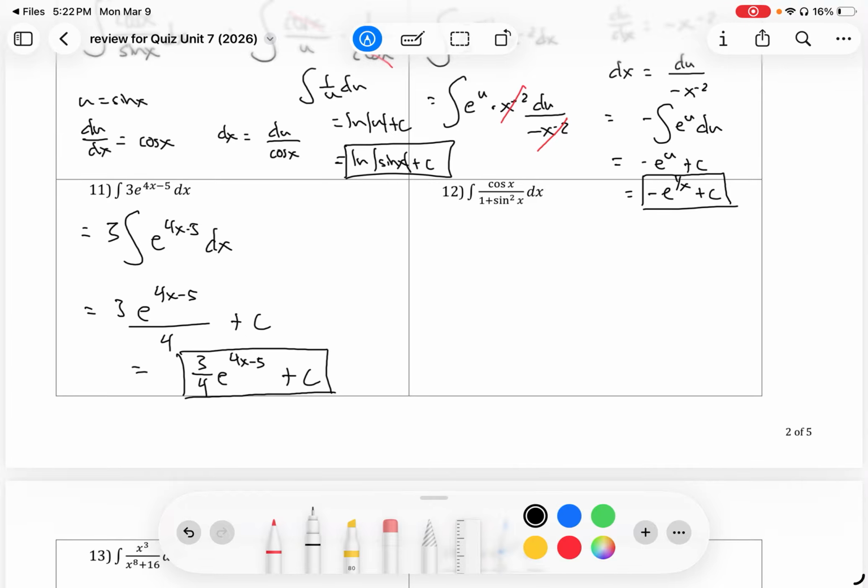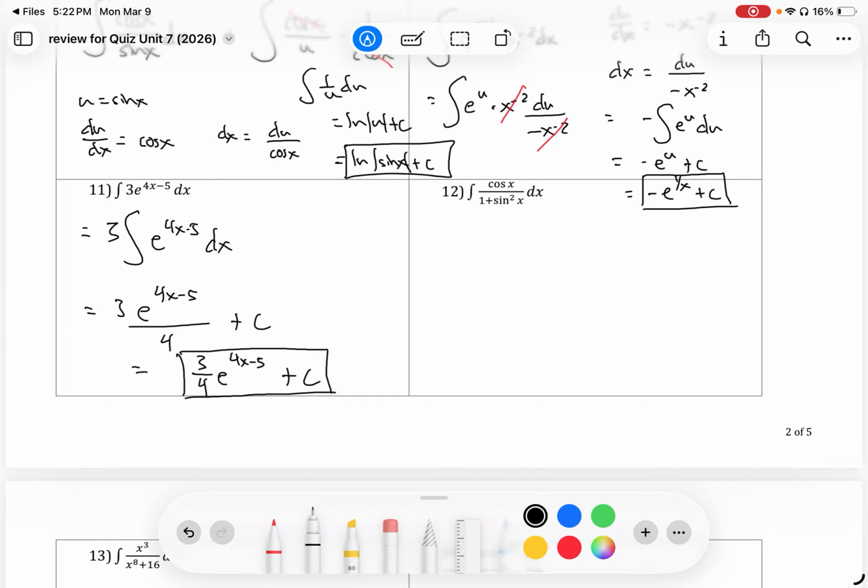So I'm wondering about an arctangent situation. I don't want to just let u be 1 plus sine squared x, because then du dx would be 2 times sine x times cosine x, which is not what I have up here. So I don't want to do a u substitution. I don't think that's going to work.